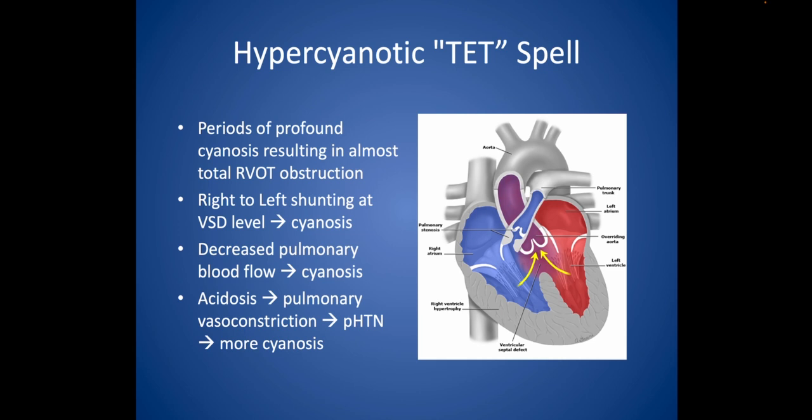And so you end up having cyanosis. You have decreased pulmonary blood flow, which also promotes cyanosis. Ultimately, this precipitates acidosis, which then leads to further pulmonary vasoconstriction and pulmonary hypertension, which then causes more cyanosis. You can see a vicious cycle once these hypercyanotic spells occur.